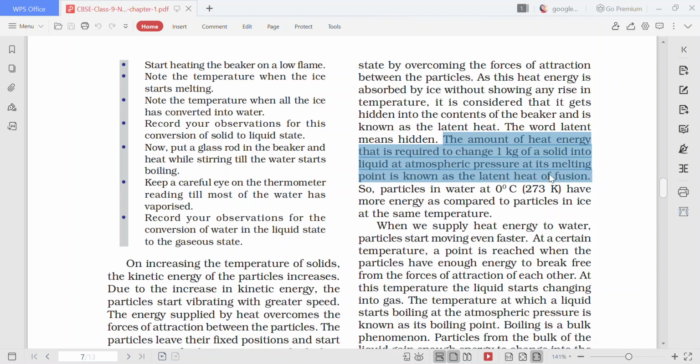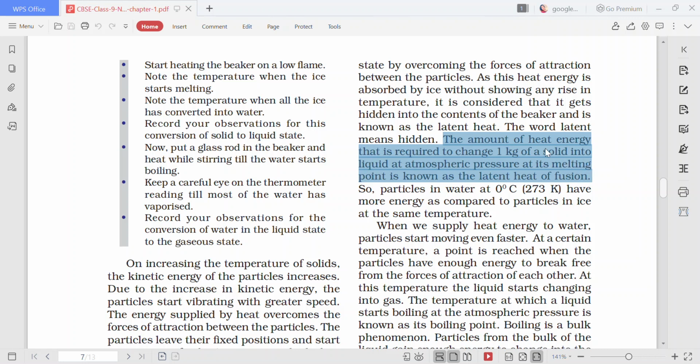This is your answer. Question is define latent heat of fusion. And the answer is the amount of heat required to change 1 kg of solid into liquid, because we all know that fusion means changing of solid into liquid.